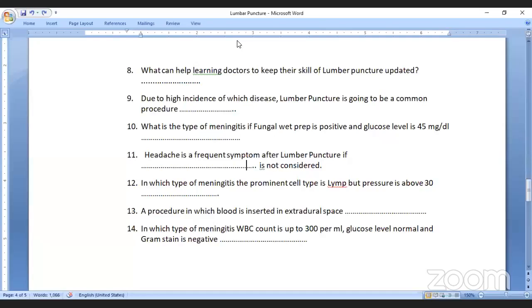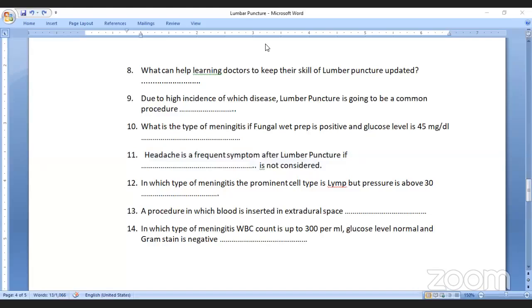Just an idea of where it is possible. Headache is a symptom that is frequent after lumbar puncture, so most probably it could be in C or A. In both it is possible.